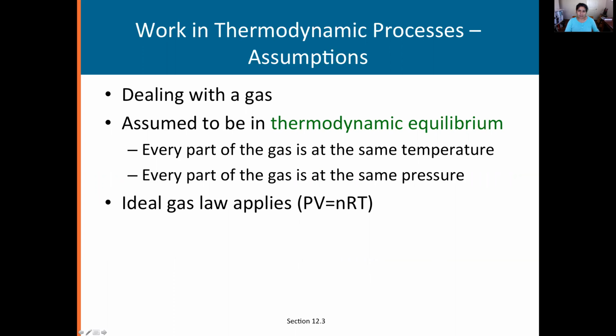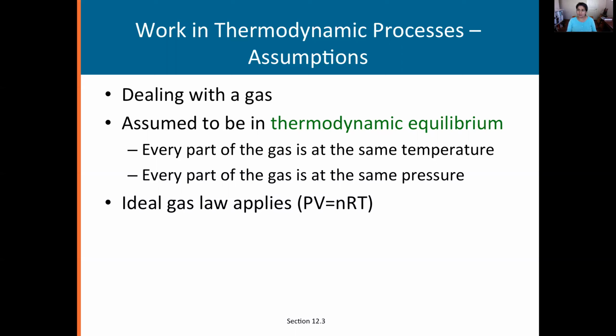So work in a thermodynamic process, if we're dealing typically with a gas, we're going to assume that while we're compressing or letting the gas expand, it always happens at every step in thermodynamic equilibrium. What does that mean? That means that the system remains isolated, no energy transfer with the outside, okay? And so we are doing this process of compression or expansion in a very slow fashion so that the gas is constantly in equilibrium.